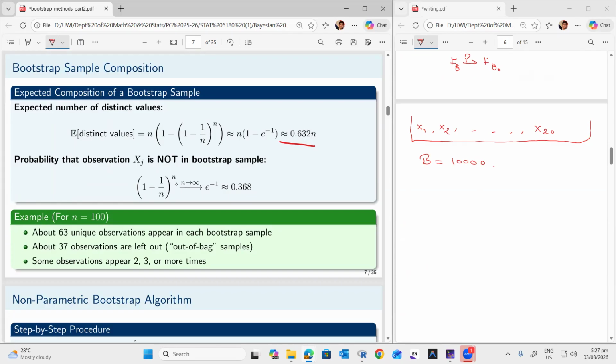This is the expected number of different values that will occur in your bootstrap sample, and the probability that the observation xj is not in the bootstrap sample is (1 minus 1 upon n) raised to the power n.